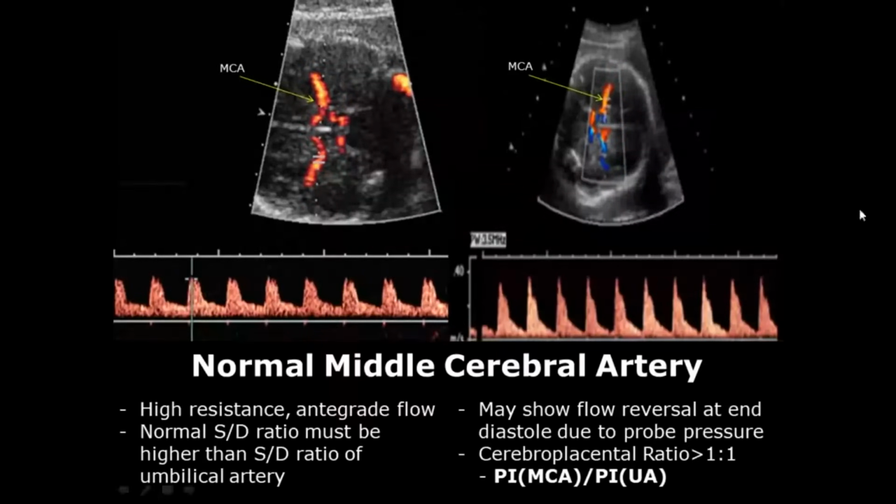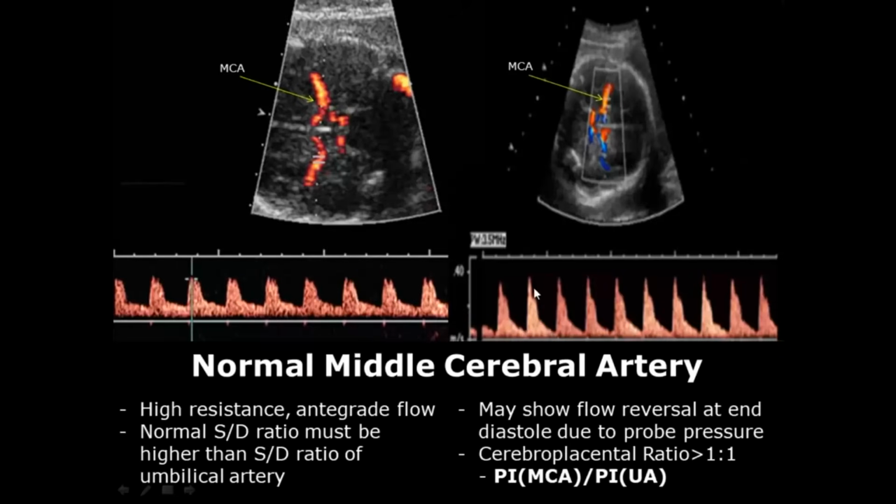On spectral Doppler, there is high resistance antegrade flow. Antegrade is forward flow. We can see the high resistance flow by looking at the velocity. Here the end diastolic velocity is very low, less than 10 centimeters per second.